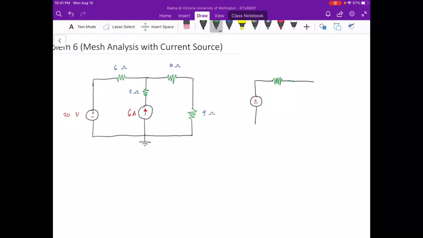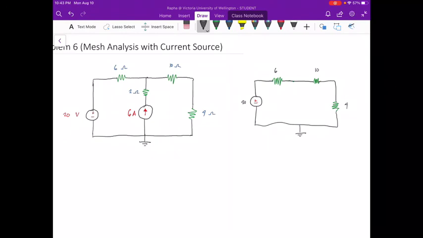So we will just proceed to drawing the rest of the circuit diagram while avoiding the middle branch. So we have our ground, 20, 6, 10, and 4.